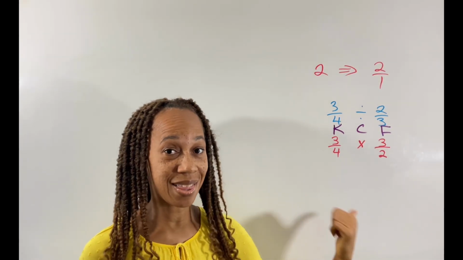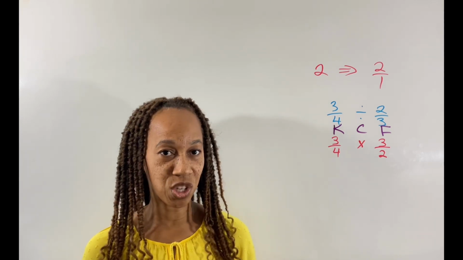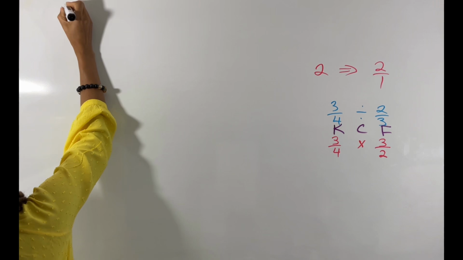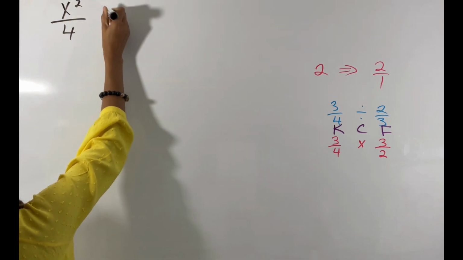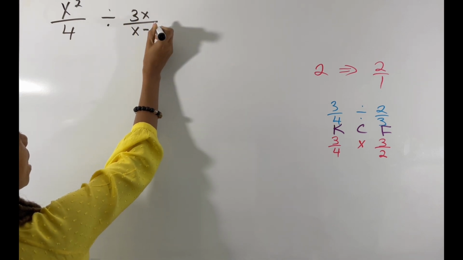We are going to take this same concept into dividing rational expressions, and let's get into our first example. The first example is x squared over 4 divided by 3x over x minus 5.